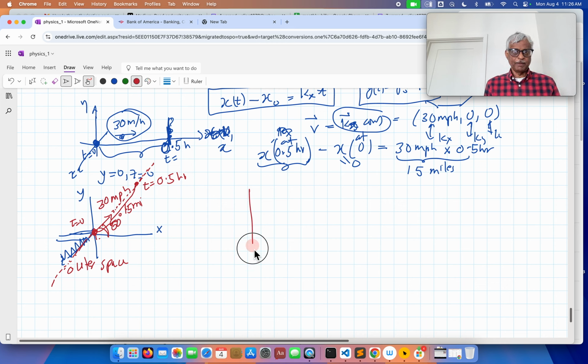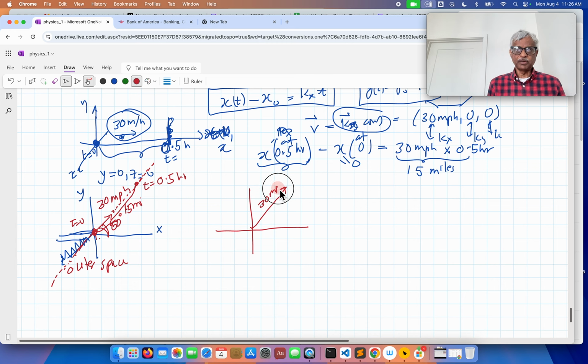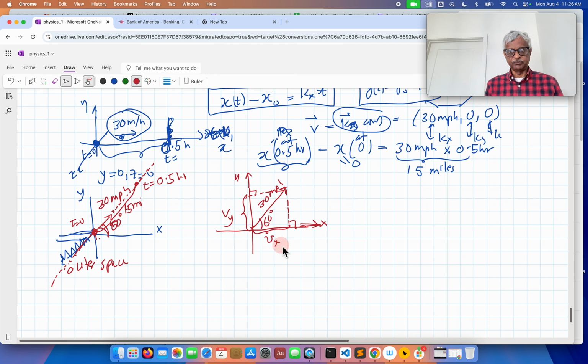So if you look at this vector, 30 miles per hour, 60 degrees, along the x-axis and along the y-axis. When you drop it here, this will give you v sub x. When you drop on the y-axis, 90 degree projection, this will give you v sub y.